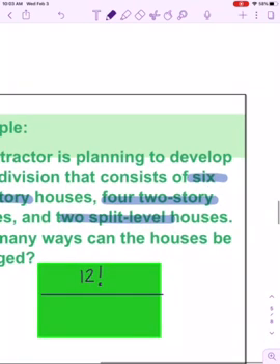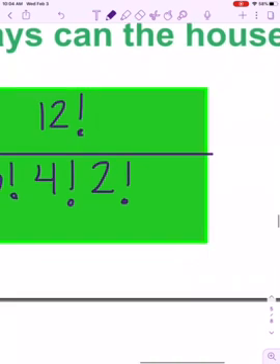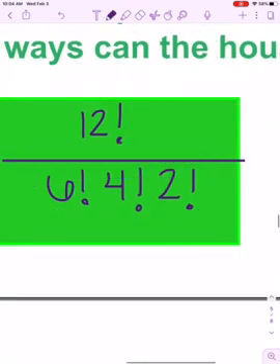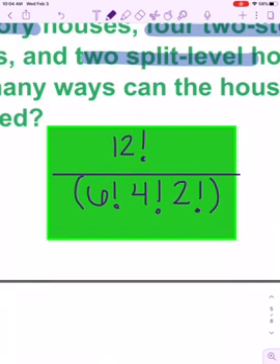So 12 factorial is on the top. On the bottom, we have each of the categories. So I have 6 factorial, a 4 factorial, and a 2 factorial, because that's how many of each one you have.